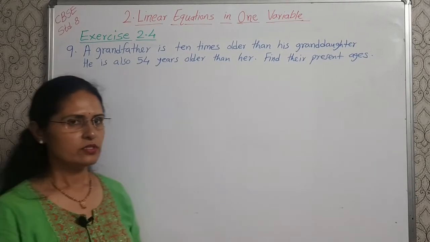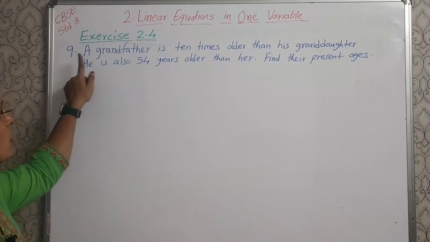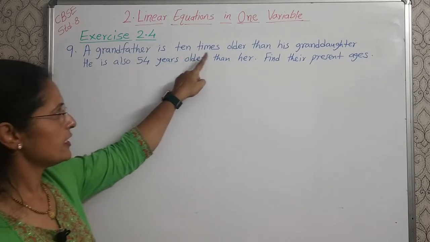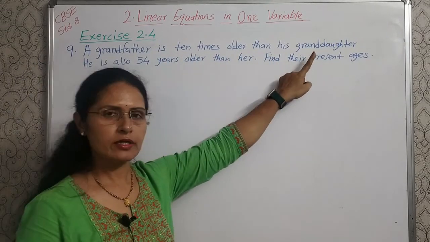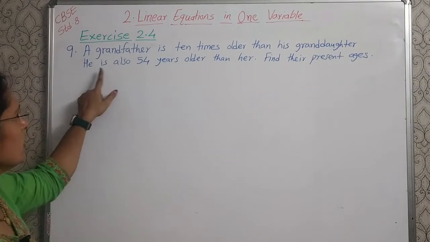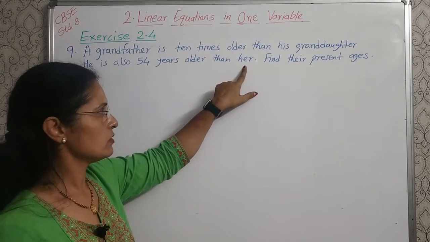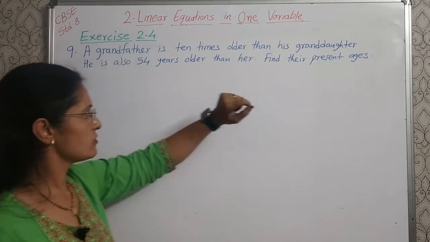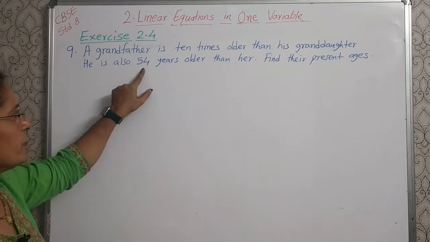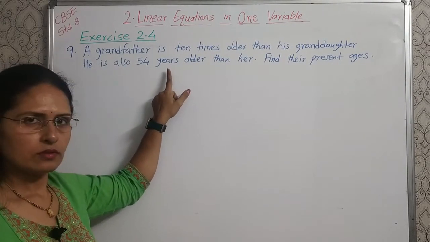Let us solve sum number 9. A grandfather is 10 times older than his granddaughter. He is also 54 years older than her. Find their present ages. He is 54 years older than the granddaughter.